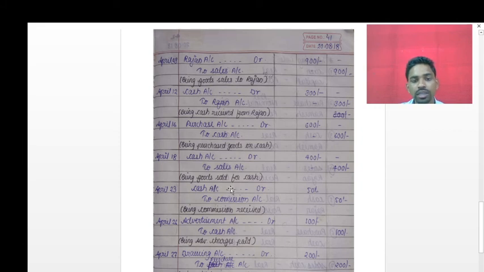Debit what comes in, credit what goes out. Because the business is receiving the commission, cash comes in, so debit what comes in. So cash account debit rupees 50 to commission account credit. Commission is a nominal account, and what is the nominal rule? Debit all expenses and losses, credit all income and gains. Commission is an income for the business, so it is a credit of 50 rupees. Being commission received, this is the narration.